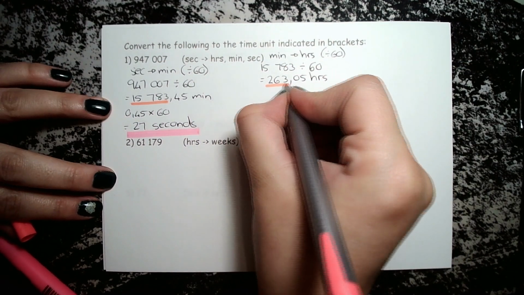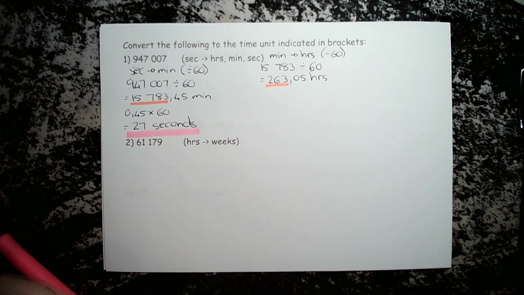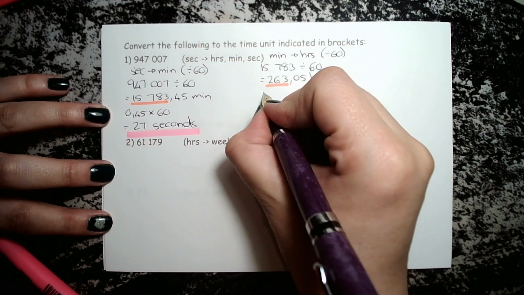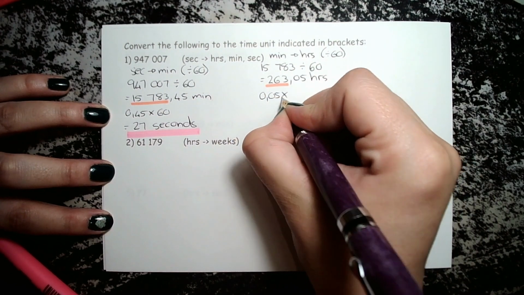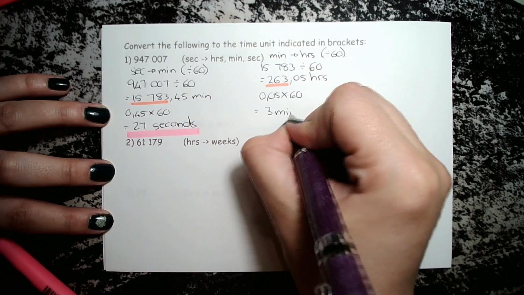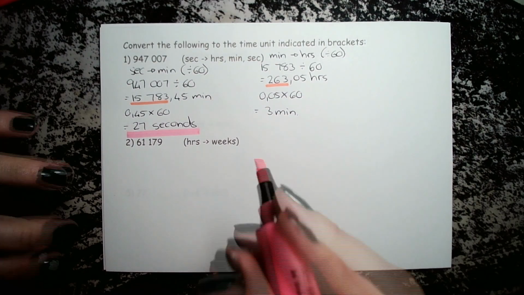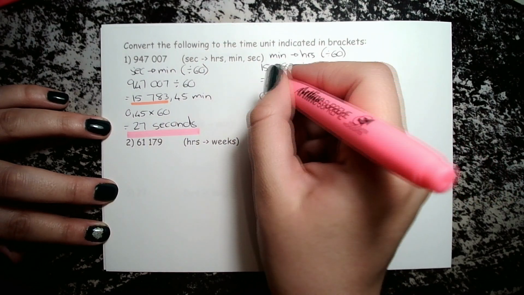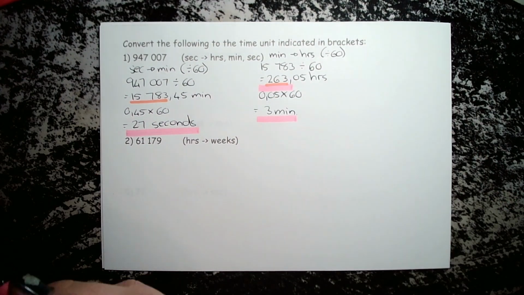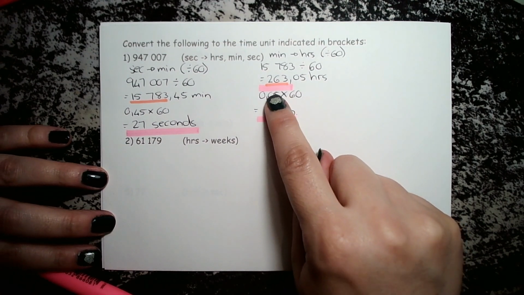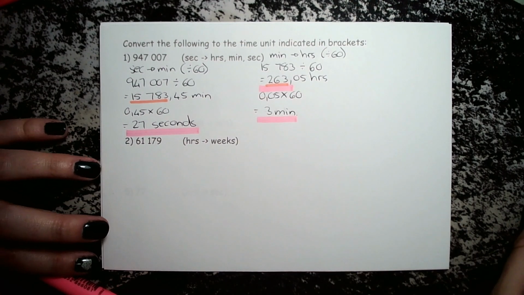So we have 263 hours, and we are left with 0.05 hours, which again, I don't know what 0.05 hours is off of the top of my head. 0.05 times by 60, and that gives us 3 minutes. So this 3 minutes will be part of our answer as well. And then we also have this 263 hours. Because we are not working further with this number, that is why this is not part of our answer.